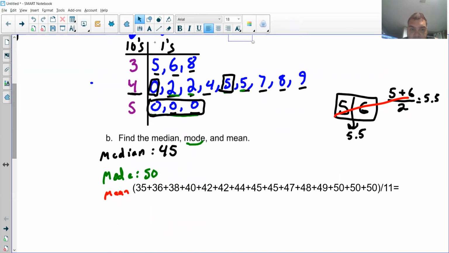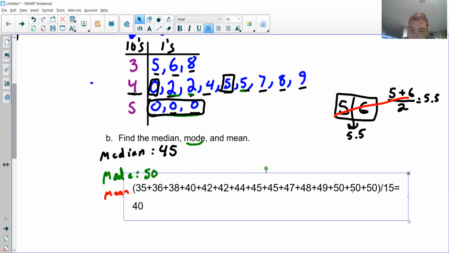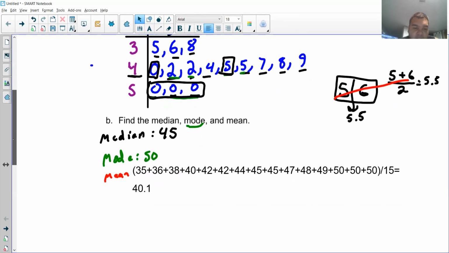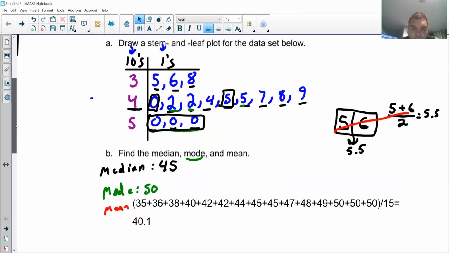All right, so it should be actually divided by 15. I don't know why I said 11 if it was 15 numbers. And then you'll end up with 40.1. So 40.1. Okay. So actually you always count it just in case, because I guess I can make a mistake on that. Which is weird, but whatever.